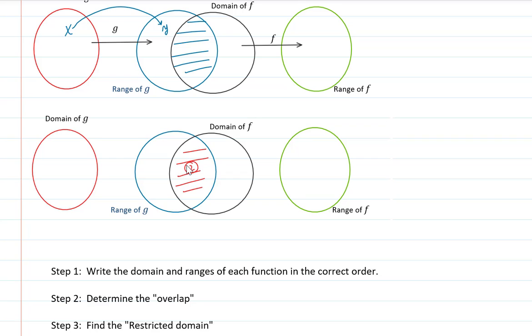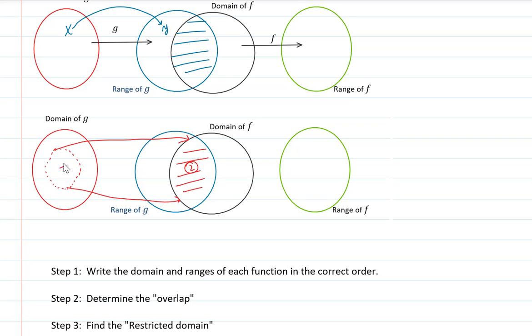This is step 2. Step 3 is we're going to find the restricted domain of G. What that means is we're going to find some subset over here so that this space gets mapped exactly to the overlap.